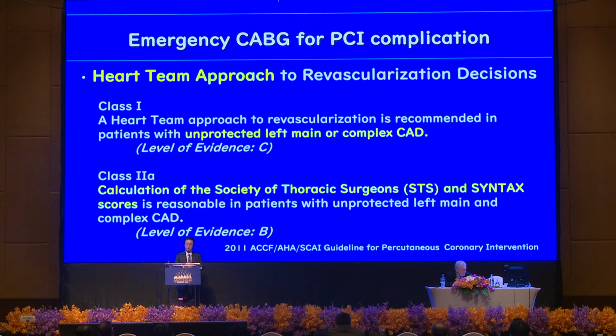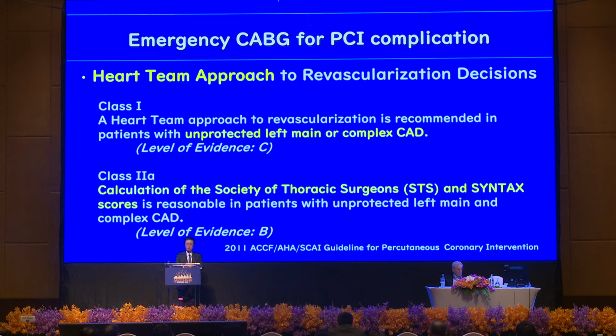To do high-risk PCI, I think it is essential to have the heart team approach to make a decision for revascularization. The guideline says it's a class 1 indication to use the heart team approach for patients who have unprotected left main or complex coronary artery disease.